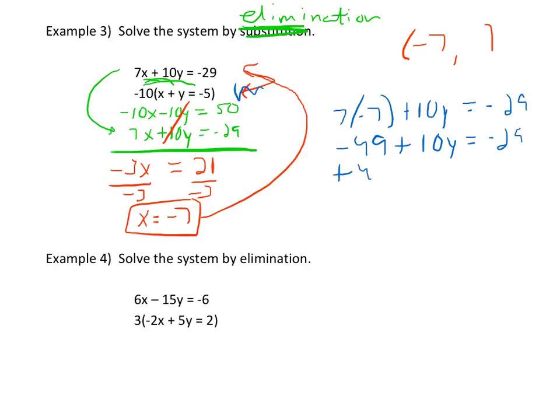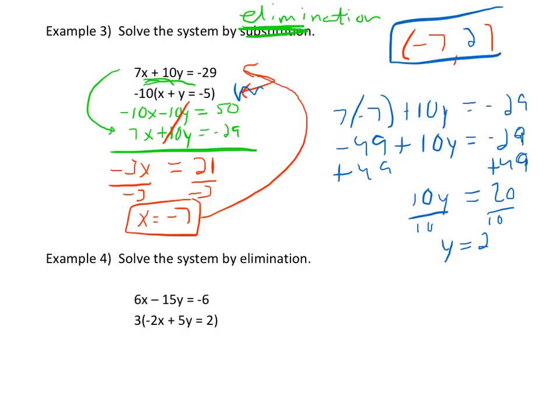We will add 49 to both sides and get 10y equals, let's clean this up here, this is a 29 and a 49. That gives us 20. Divide by 10, and y equals 2. And there is our coordinate.